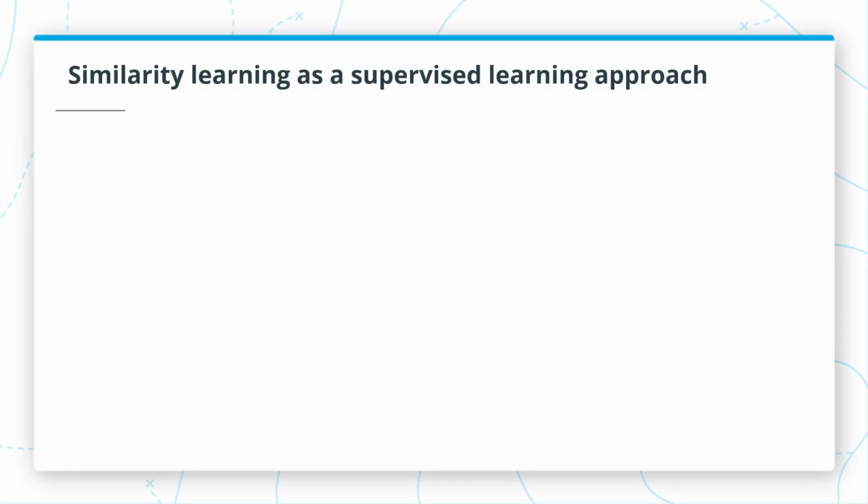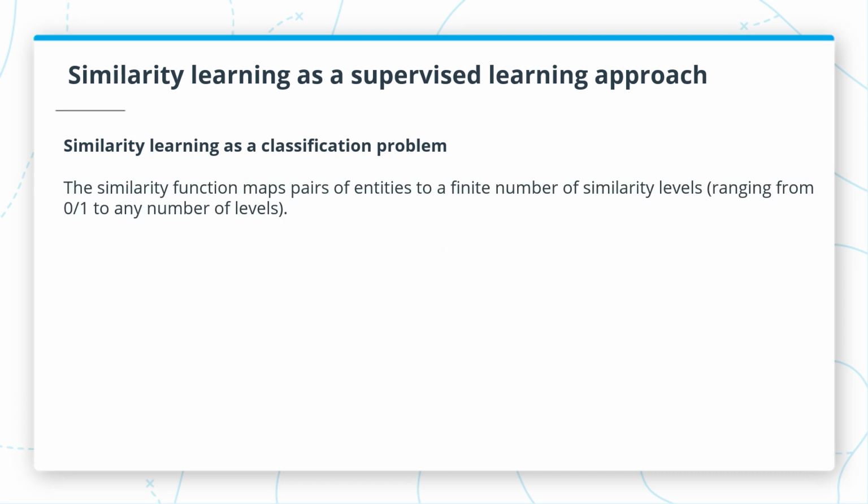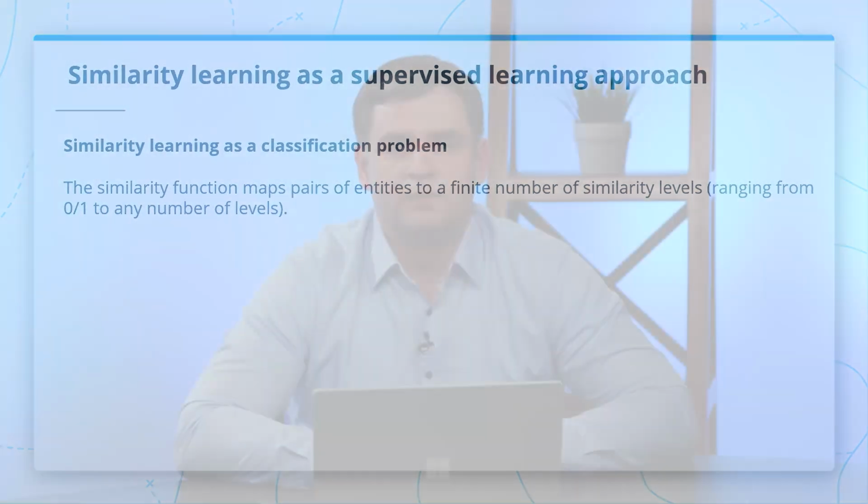Now, similarity learning treated as a supervised learning problem is basically approachable as a classification problem, which means that in this particular case, the similarity function will map pairs of entities to a finite number of similarity levels, say ranging from 0 or 1 to any number of levels.